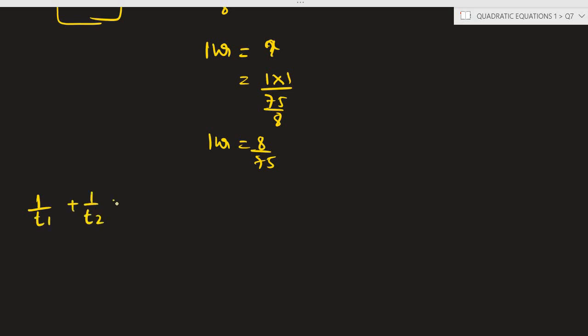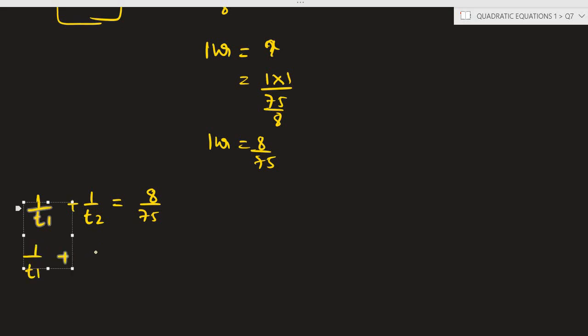In 1 hour how much are they filling? 8 by 75, because the time taken to fill the tank by the smaller tap is T1 and the time taken by the larger tap is T2. So together in 1 hour, how much of the tank can they fill? 8 by 75.